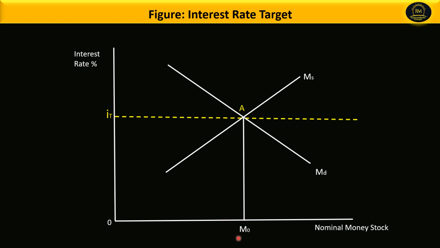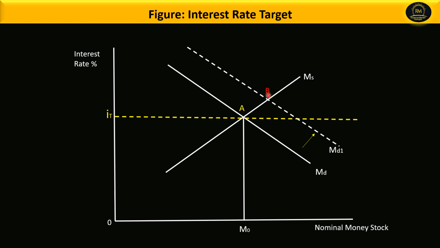Now, suppose the demand for money increases from MD to MD1. As a result, the demand for money curve will shift towards the right and the new equilibrium will be at point B. But at point B, the central bank missed the interest rate target. Interest rate increases more than the target at point B.